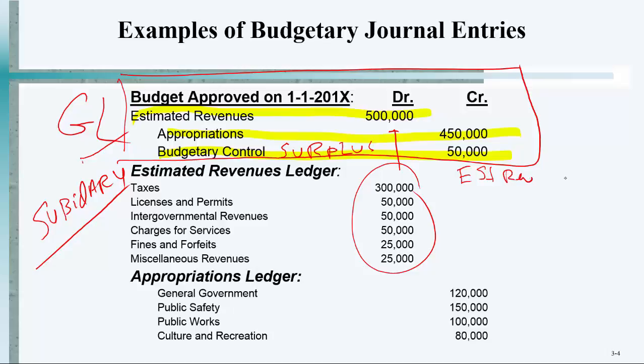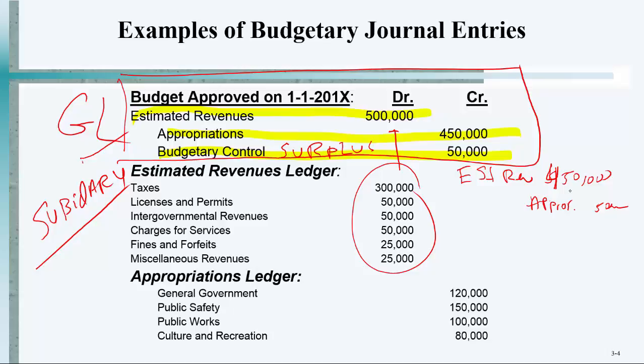Okay. Now, if I am doing a situation like this, where I debit my estimated revenue for 450,000, I think you know where I'm going with this. And I credit my appropriation, I'm just going to abbreviate that for 500. That's 500,000. I credit my appropriation for 500,000.